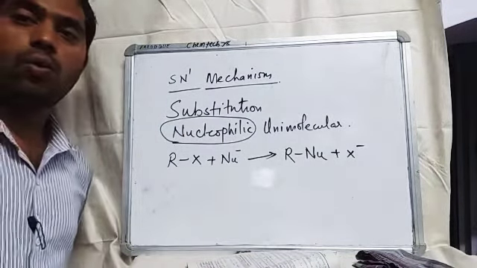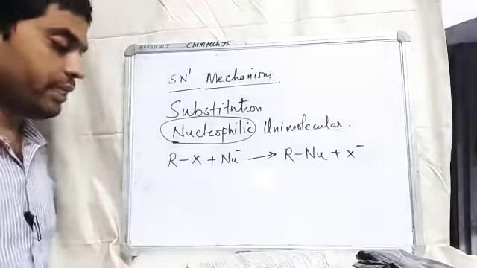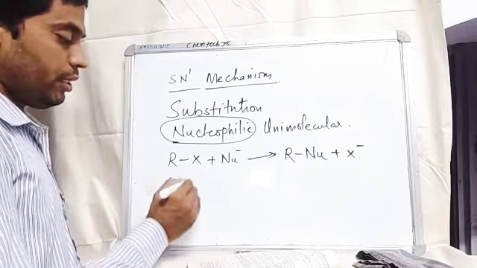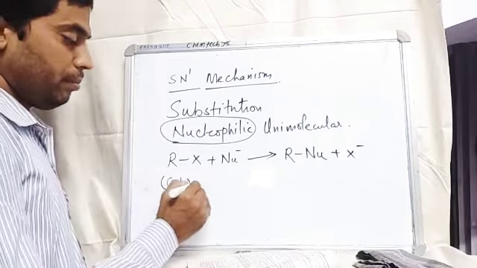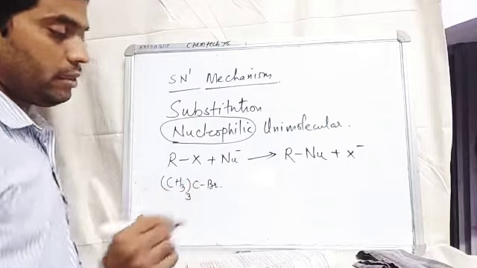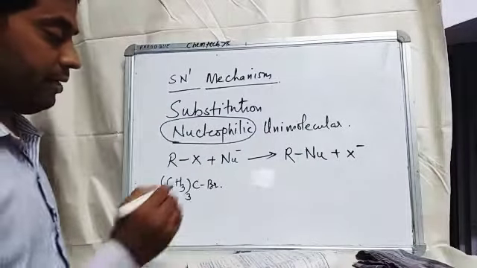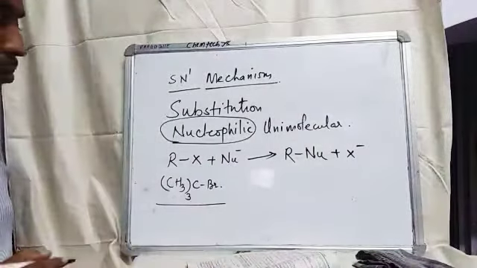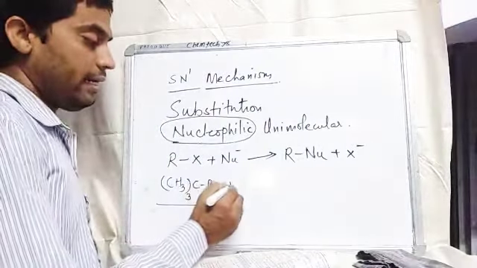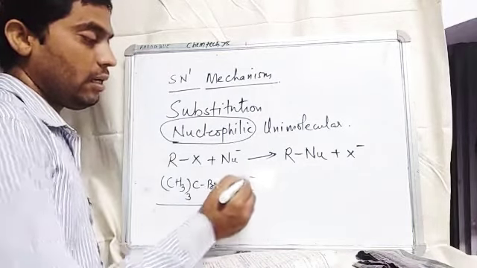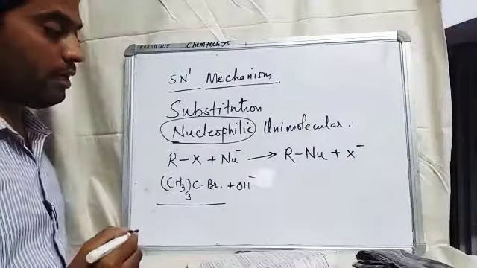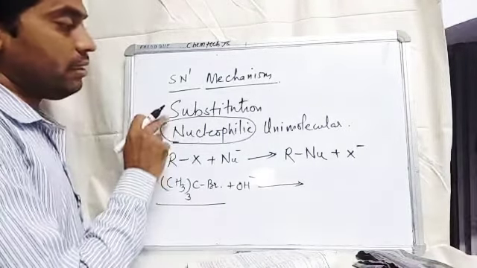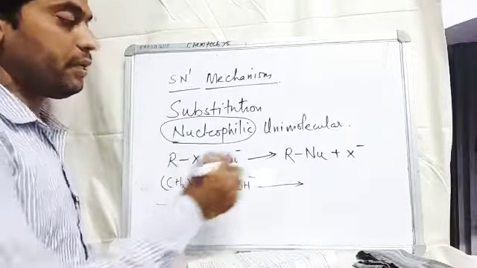Now the well-known example of a substitution reaction is tertiary butyl bromide, and the nucleophile is the hydroxyl ion, OH negative, and this is a nucleophilic substitution reaction.